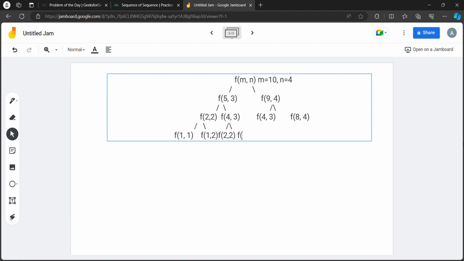If we do not go with this, then we decrease by 1 and the size is the same. The same process applies for f of 4 comma 3.